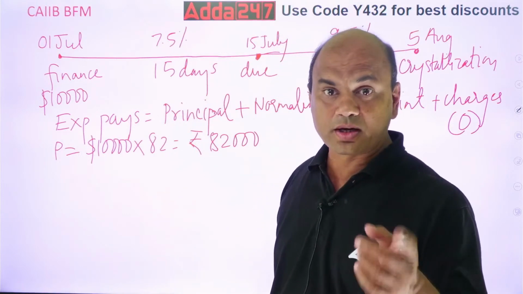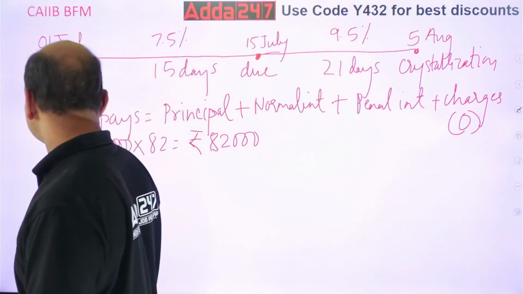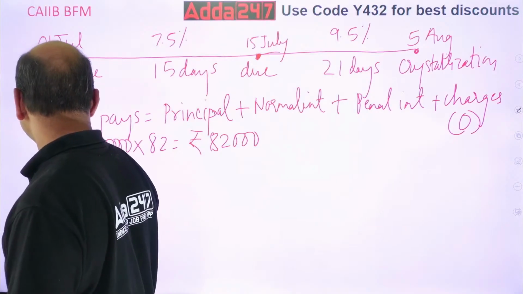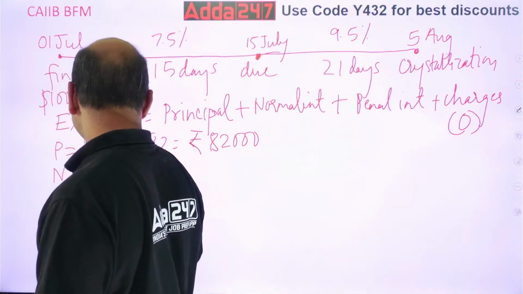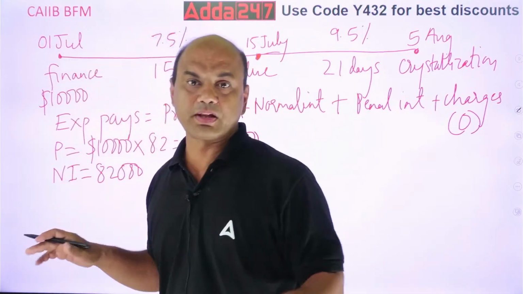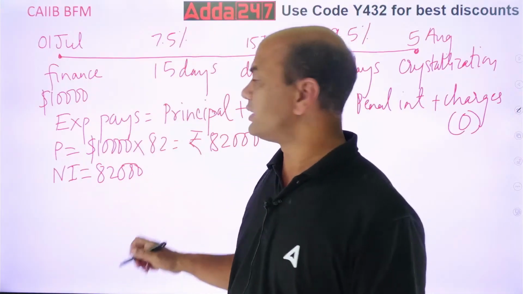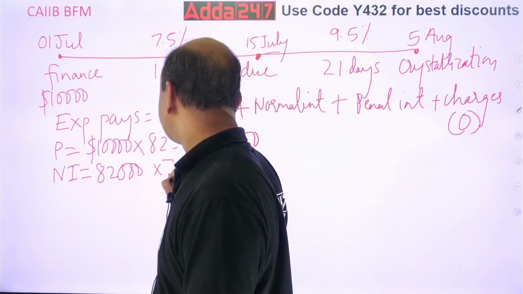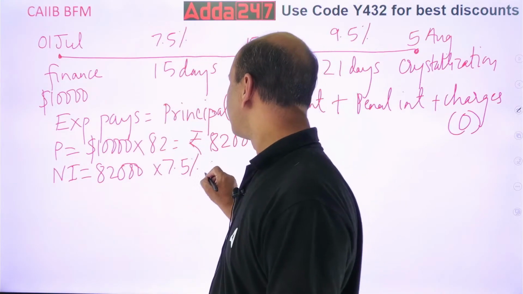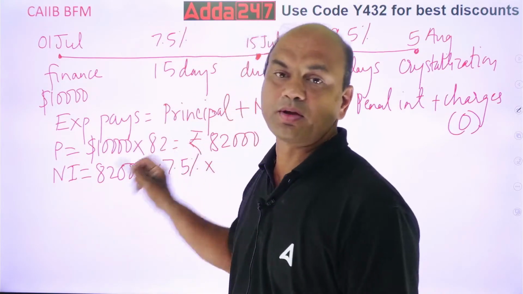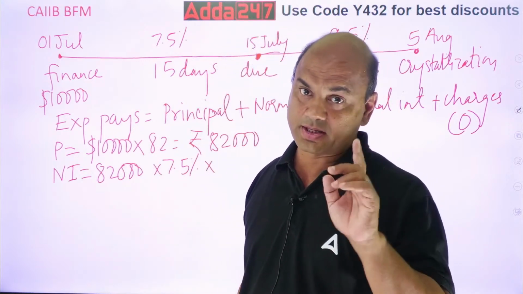Now regular interest equals normal interest, NI. On 82,000, because after all I have financed him 82,000 INR, into 7.5%, into days.